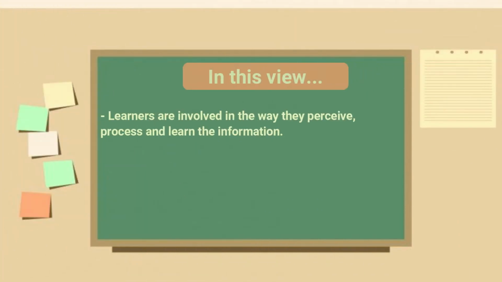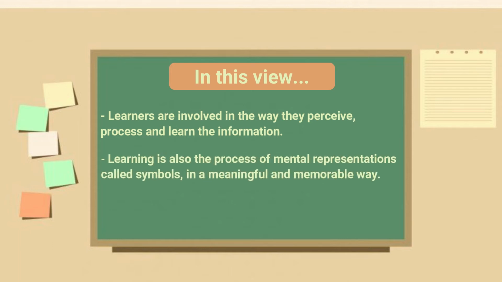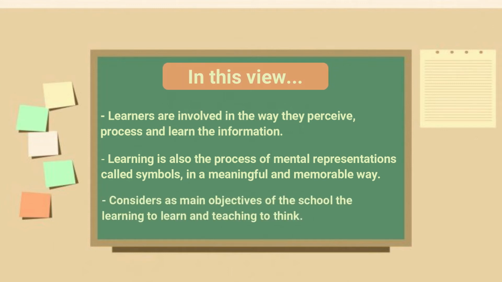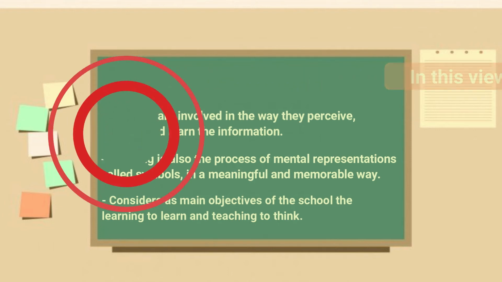In this view, learners are actively involved in the way they perceive, process, and learn the information to solve problems and direct their attention to one stimulus rather than another. According to this, learning is also the process of mental representations called symbols, in a meaningful and memorable way. Also, the cognitivist approach considers as main objectives of the school learning to learn and teaching to think.